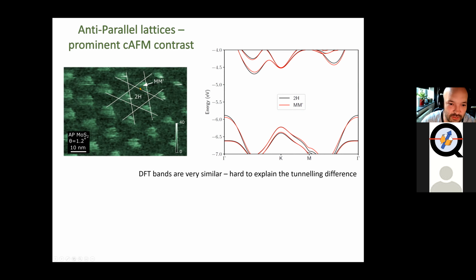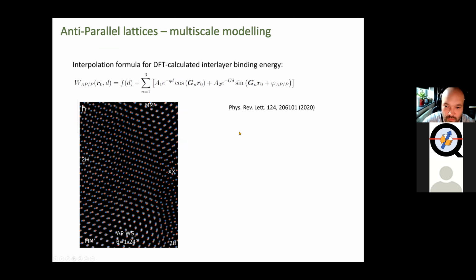Of course, the reconstruction that we're seeing comes with a strain distribution across the entire system. And then we worked with Volodya Falko, who is a theoretician at NGI, to develop a model. This is basically an interpolation phenomenological formula that approximates the adhesion energy and gives a precise position of atoms in the reconstructed lattice.